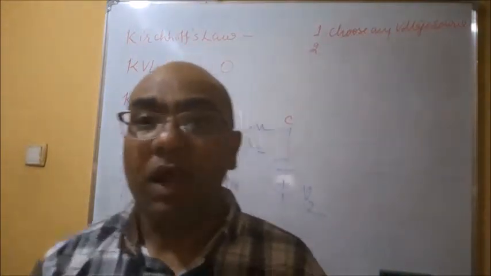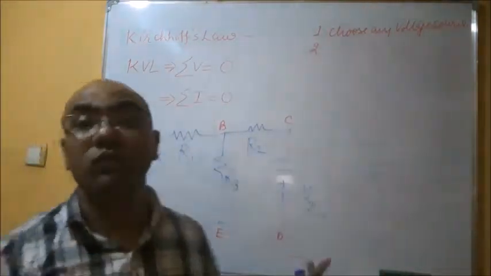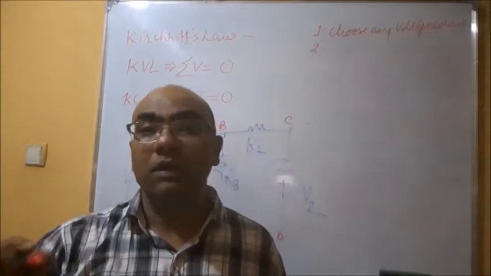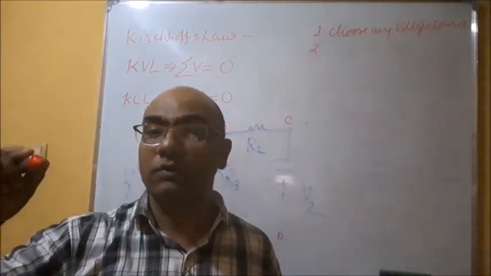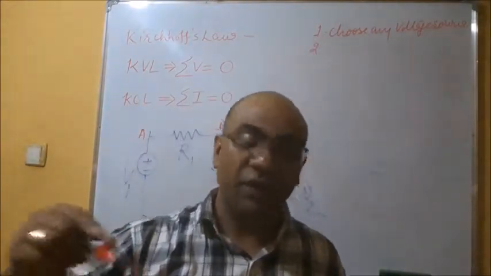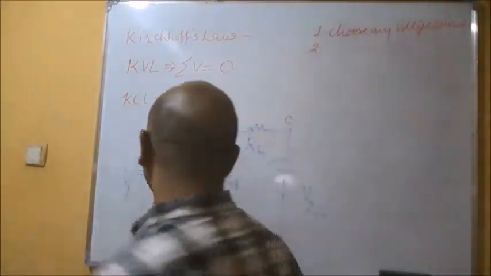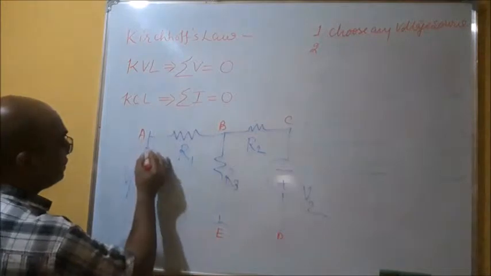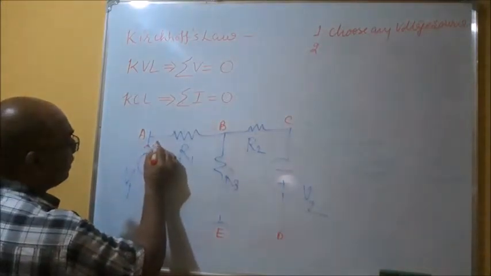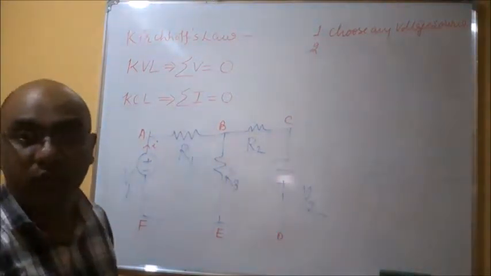Right? After this, now you start to note the flow of the current in the circuit. Here I am starting like this. Suppose the current is going like this. From here I am saying the current I is going.